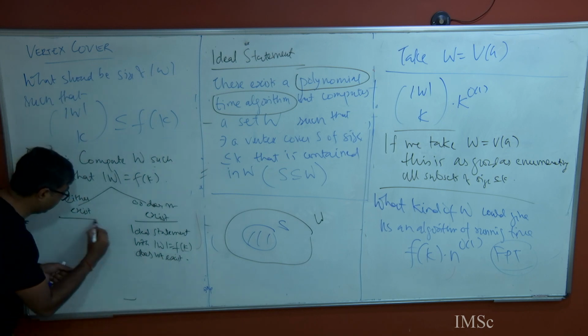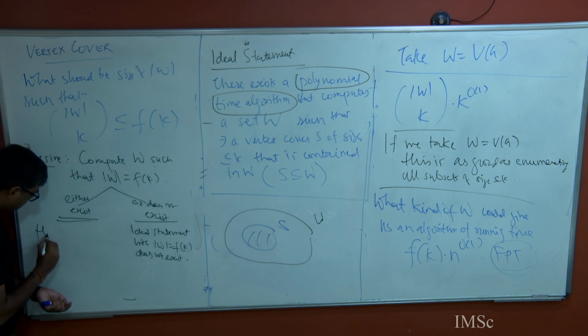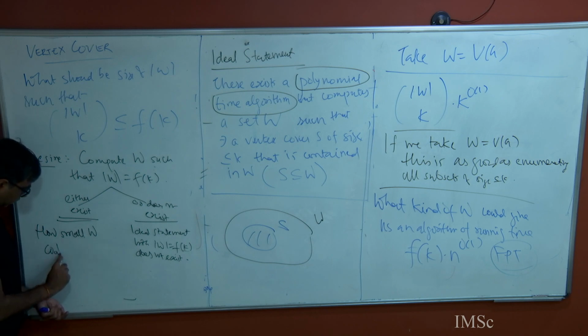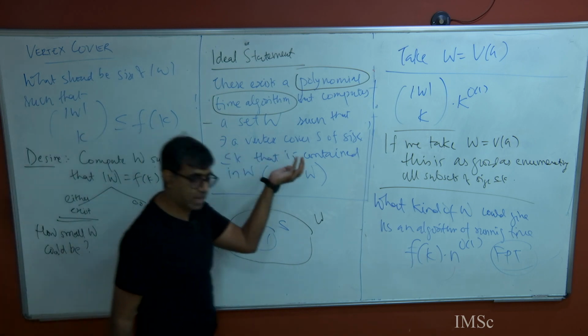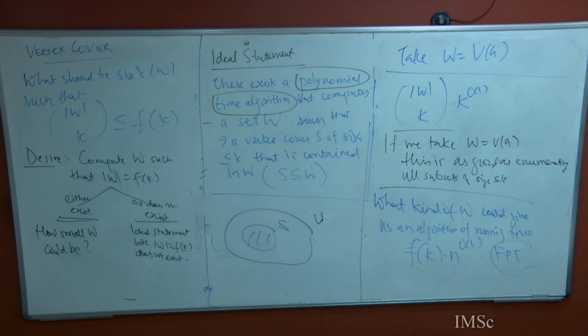But suppose it exists, what should be the algorithmic way of doing it? If it exists, how small W could be, right? So, you look at the several questions that come into the picture, right? Can I show first of all whether such W exists or does not exist?